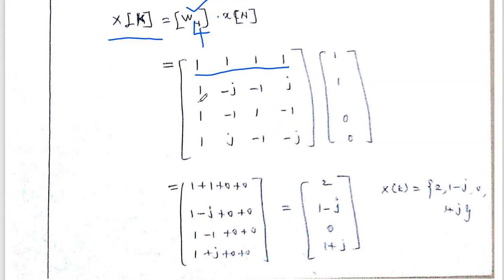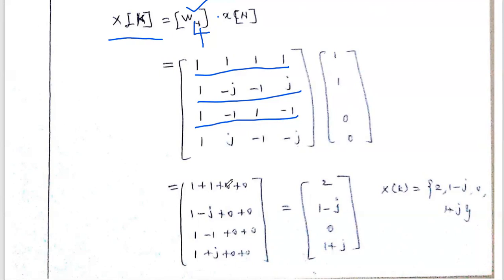Similarly, the second row multiplied with this column: 1 into 1, 1, then minus j into 1, minus j, then these two values are 0, 0. Similarly, the third row: 1 into 1, 1, then minus 1 into 1, minus 1, then 1 into 0, 0, minus 1 into 0, 0. Then the last one: 1 into 1, 1, then j into 1, j, then minus 1 into 0, 0, minus j into 0, 0.